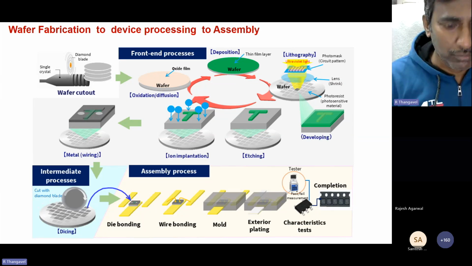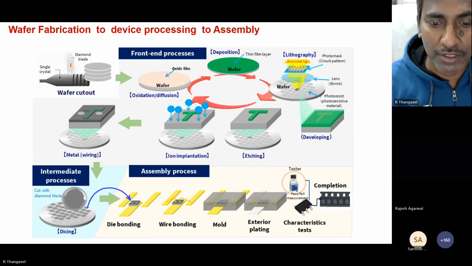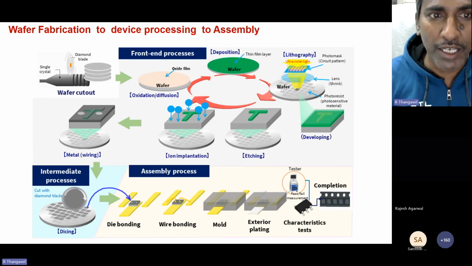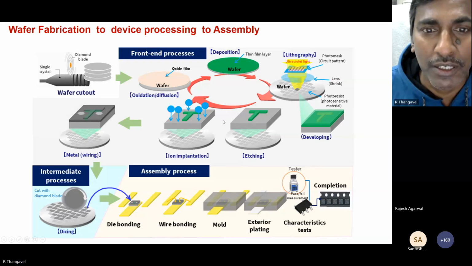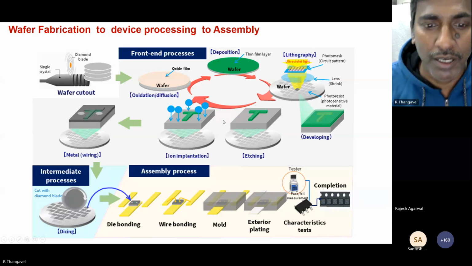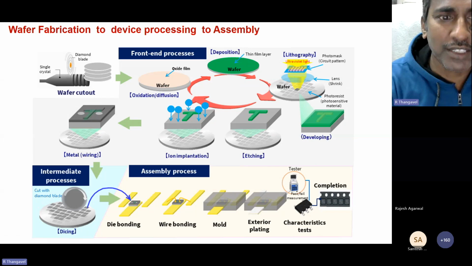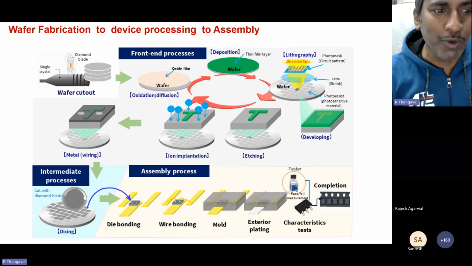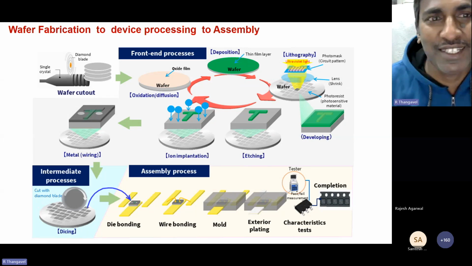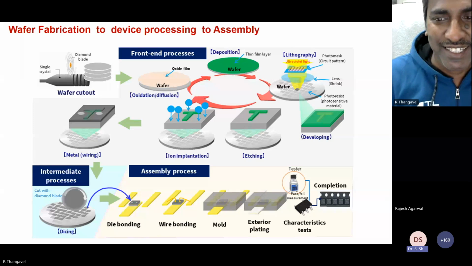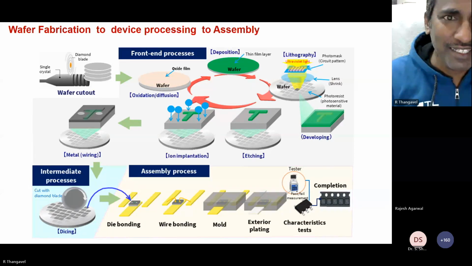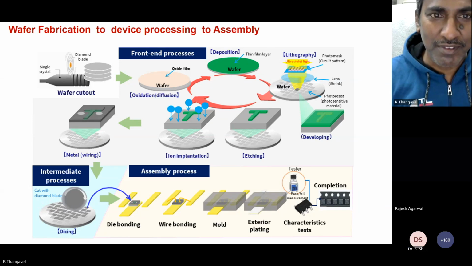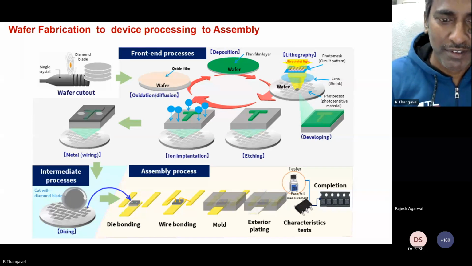Am I audible? Yes, sir. Audible, sir. You are moving the slide, sir? Yes, sir, I'm moving the slide also. I hope everybody is audible. Yes, sir. As per your talk, I am changing the slides.